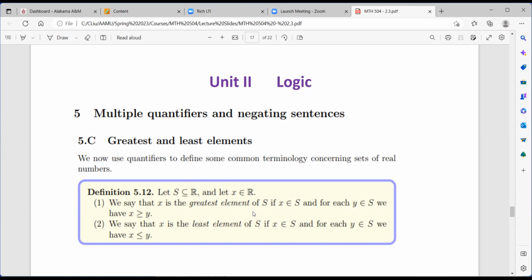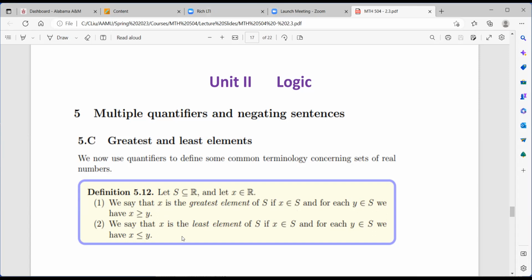So x is the greatest element of S if, of course, x has to be in S, and then it has to be greater than or equal to any other elements y in S, okay.